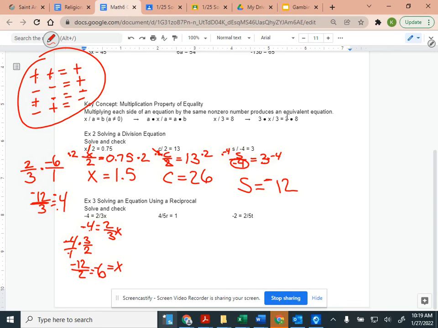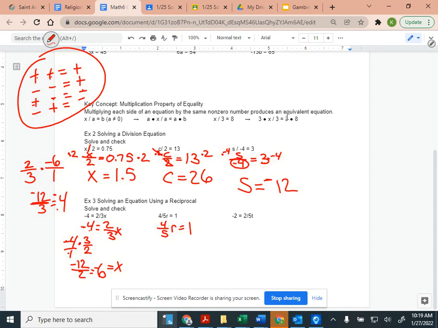So here we have 4/5 r equals 1. Am I multiplying or dividing here? Multiplying, because it's 4/5 times r, right next to the r. So I'm going to want to do what?